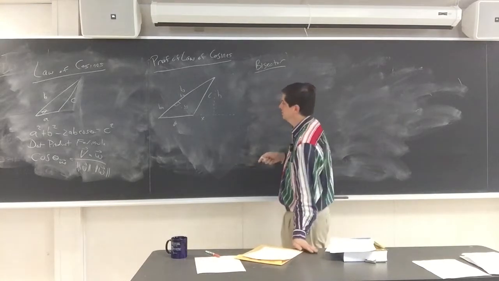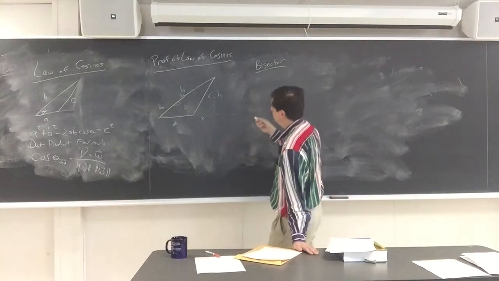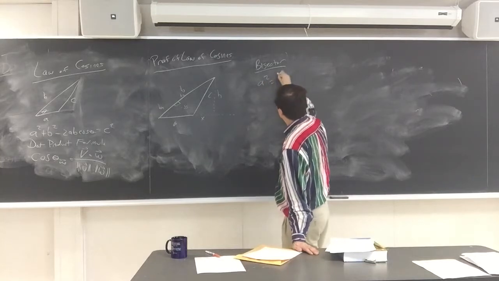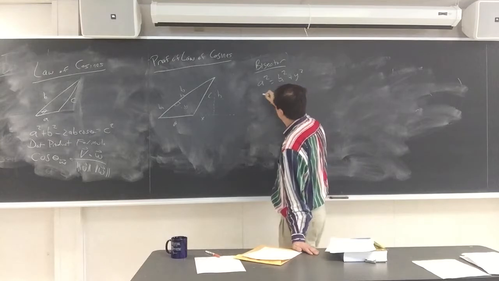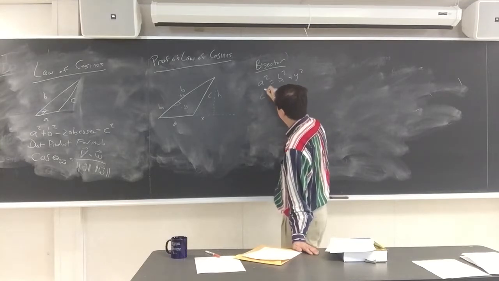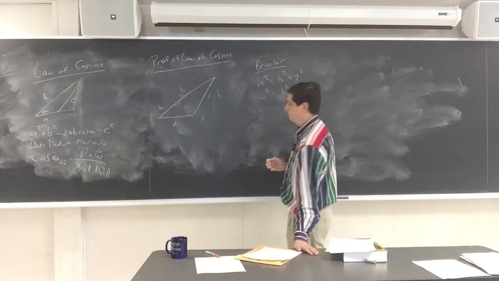So if we try the bisector, we would get a right triangle with A as the hypotenuse. So we'd get A squared is B1 squared plus Y squared. And in the other triangle, the hypotenuse now would be C, so we'd get C squared is B2 squared plus Y squared.